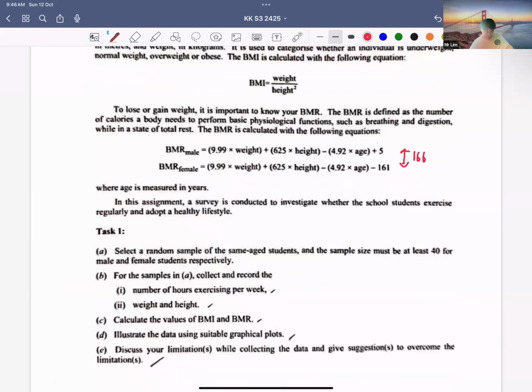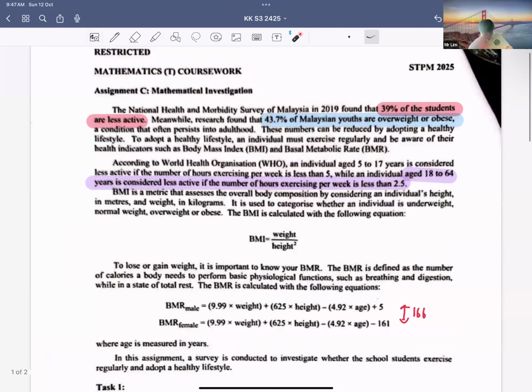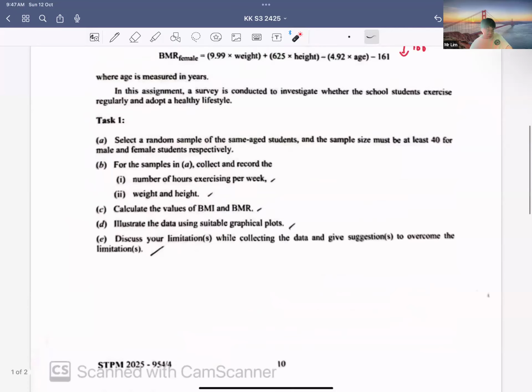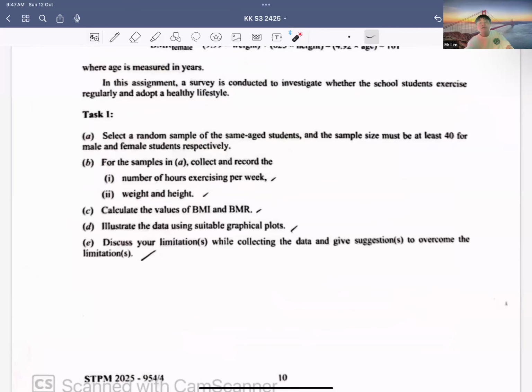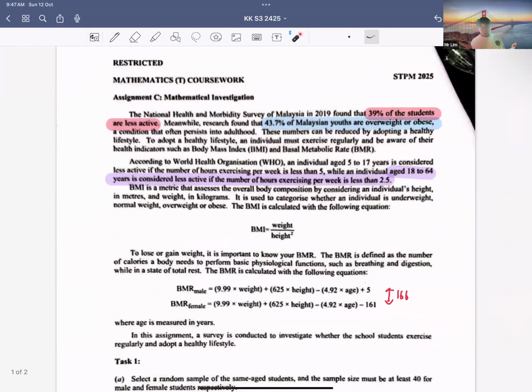In this assignment, a survey is conducted to investigate whether school students exercise regularly and adopt a healthy lifestyle. Basically you will deal with these few things. When you collect the data, you are not asking them to calculate their own BMI.